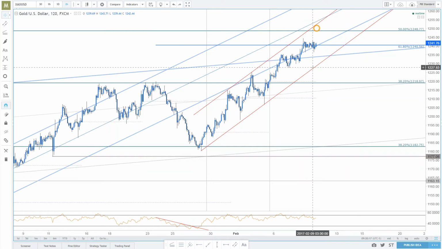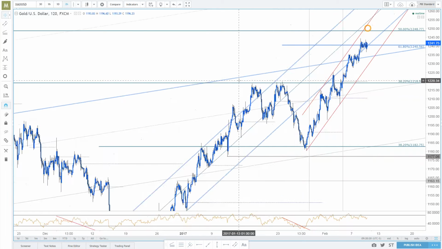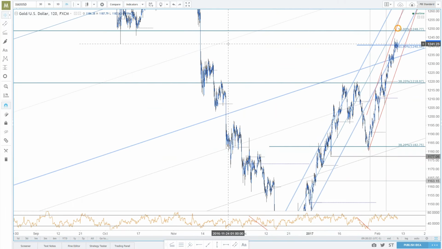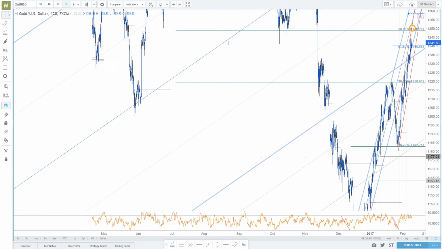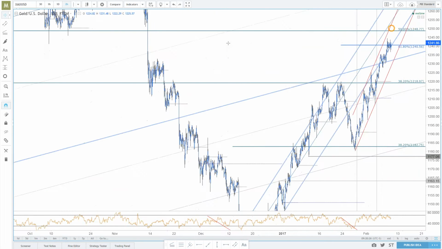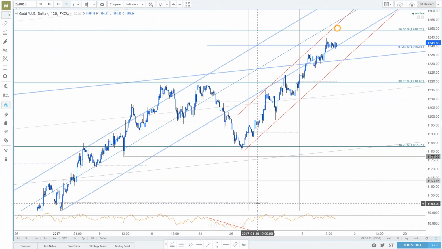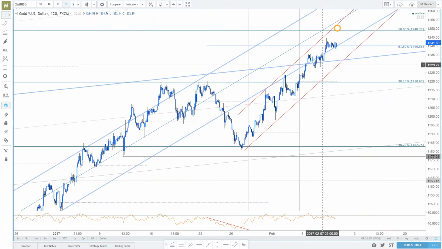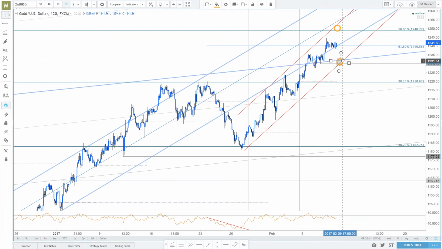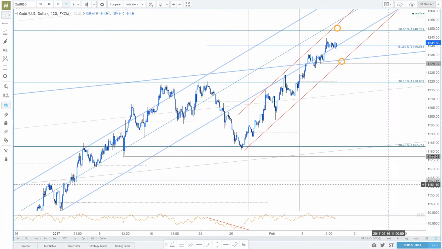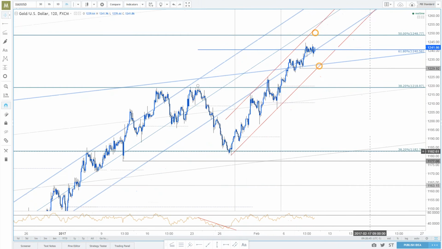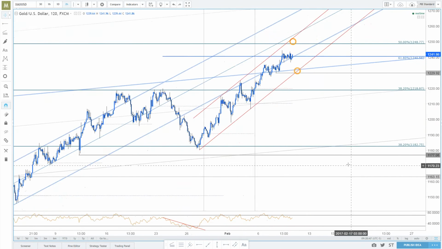But really, the break below, it'd basically have to be that low. That's your breakdown zone, 1230 for the near term.